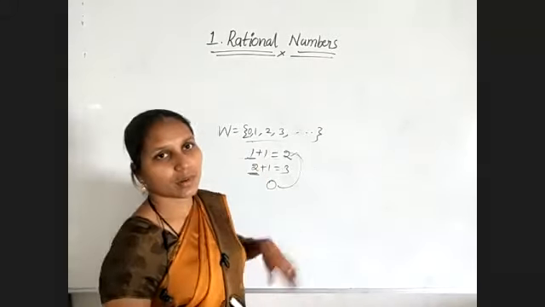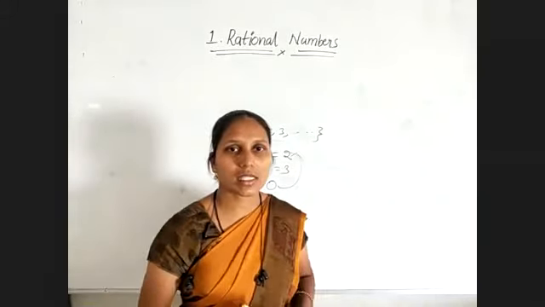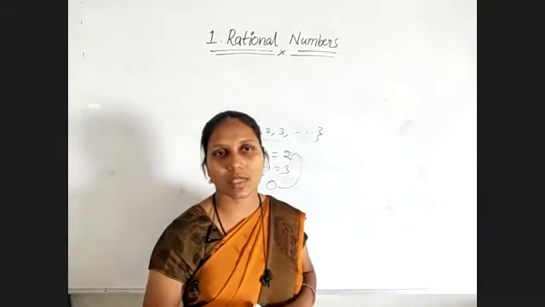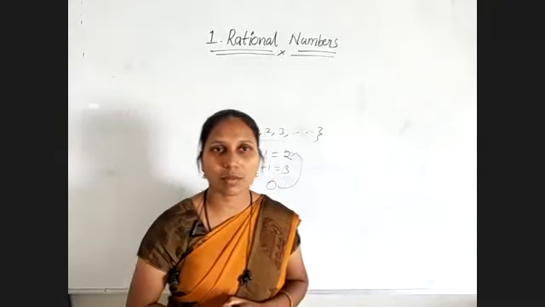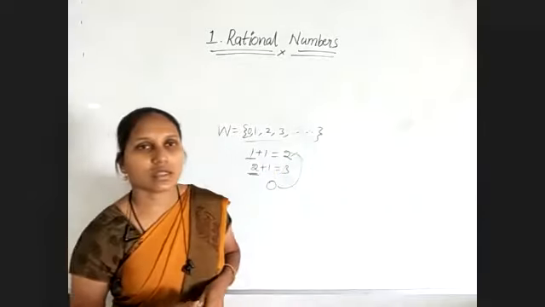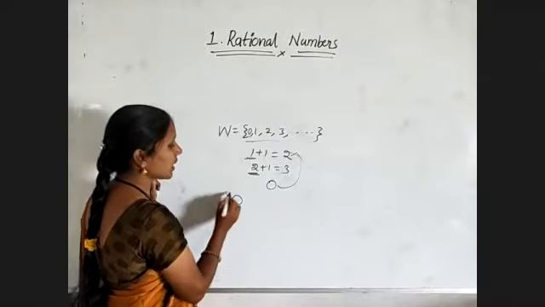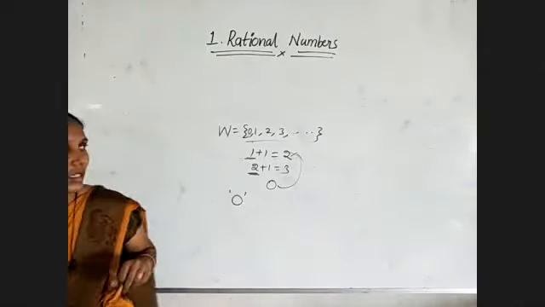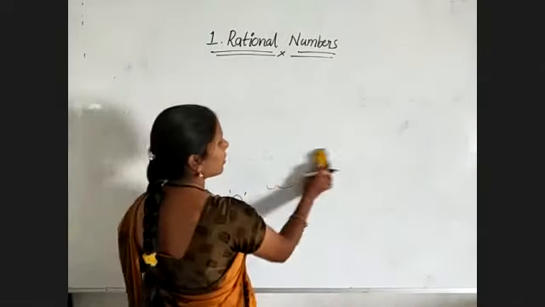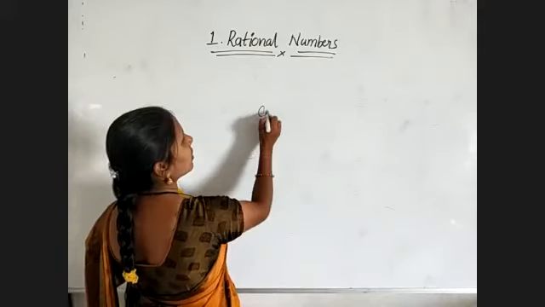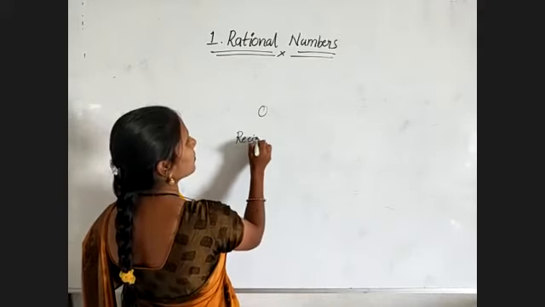The multiplicative identity element is 1 for every set of numbers. That is possible for any number. And coming to the multiplicative inverse of 0. 0 is a rational number. So what about its reciprocal? Reciprocal of 0.